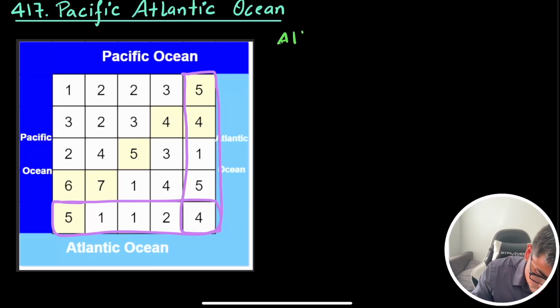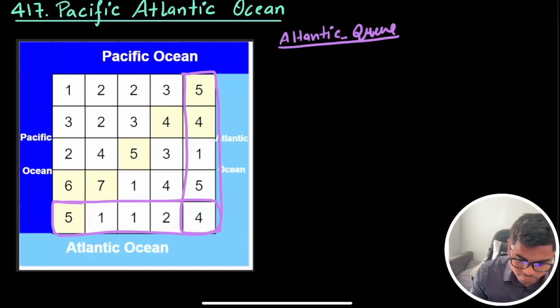I'm going to change the color. Okay, Atlantic queue. Now this Atlantic queue is going to have all the values that are in touch with Atlantic Ocean. Now we are also going to have Pacific queue.